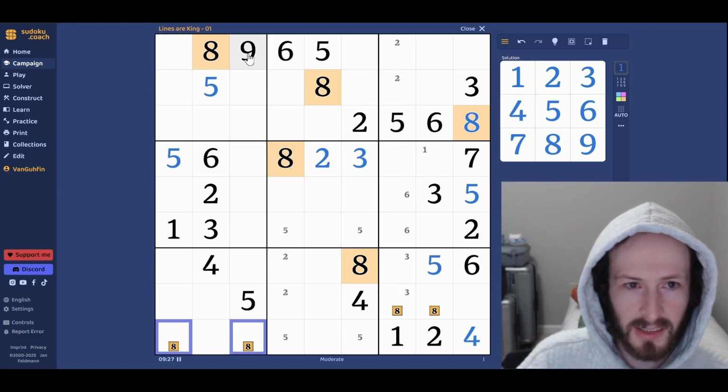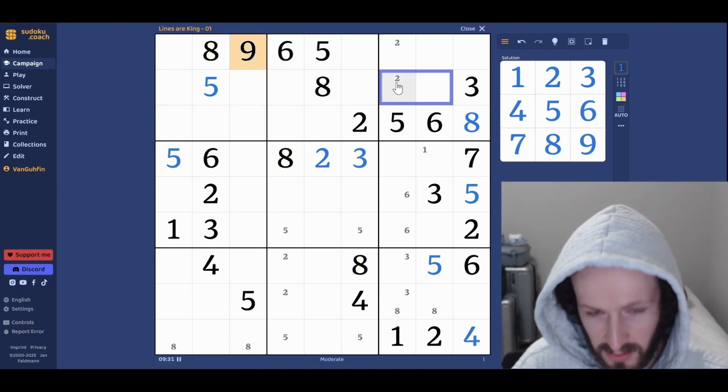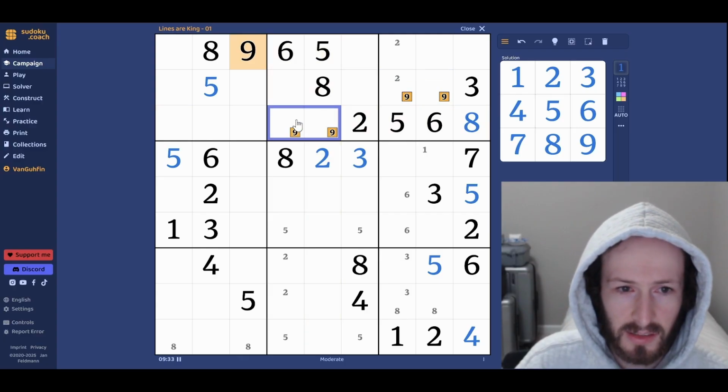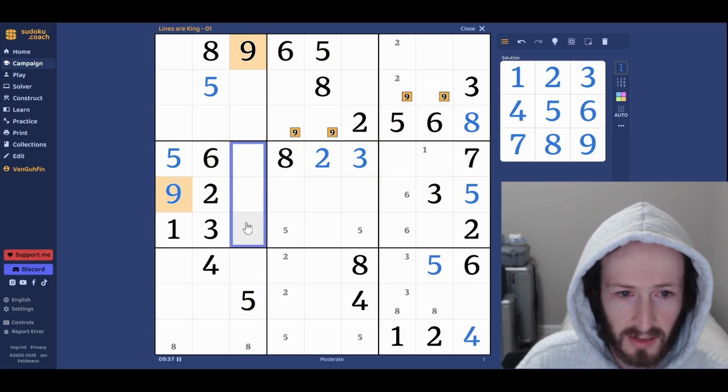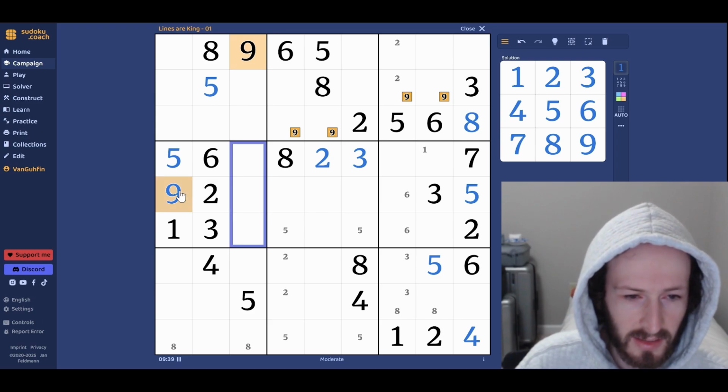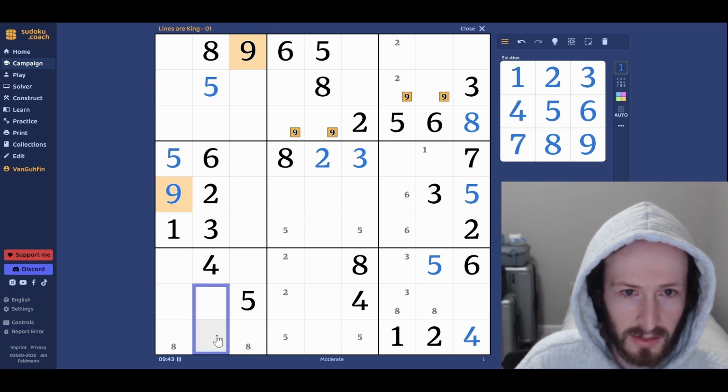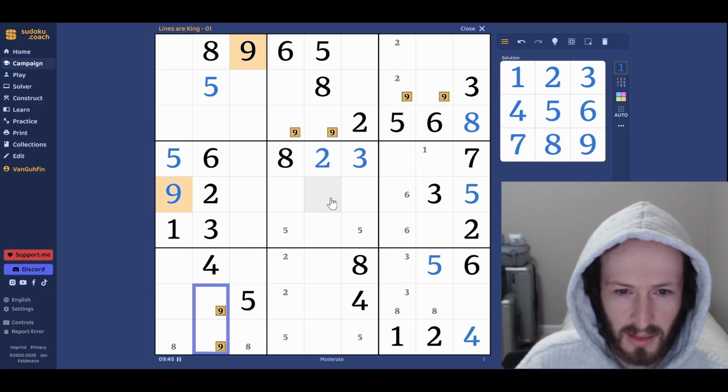So number 9. Are there any 9s? There is one. One of these two has to be a 9. One of these two has to be a 9. This has to be a 9, because these 3 cannot be. And then the last one is. One of these two is a 9. The 9 is on the bottom 3.